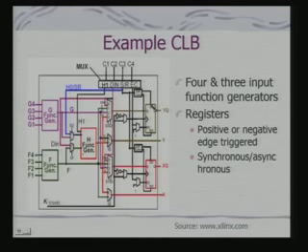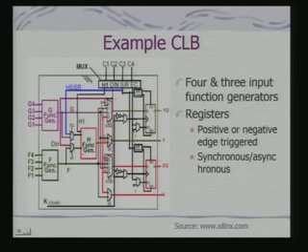Here we have got the flip-flops. These flip-flops also have set/reset logic, and they can be positive or negative edge triggered, synchronous or asynchronous, and you can provide the clock as well to these blocks.